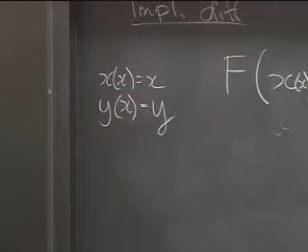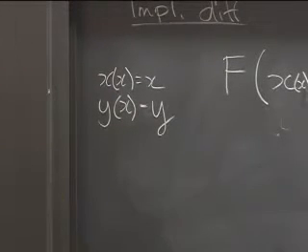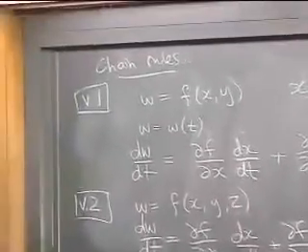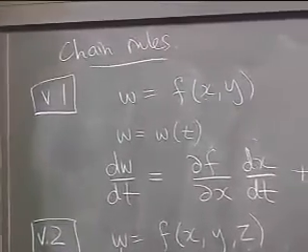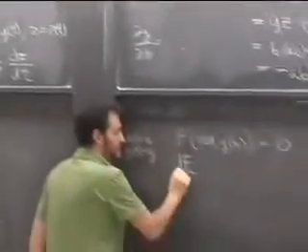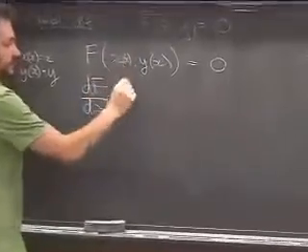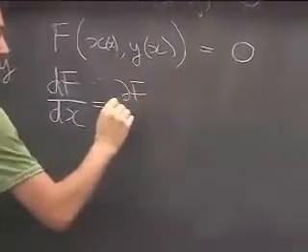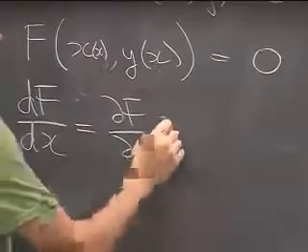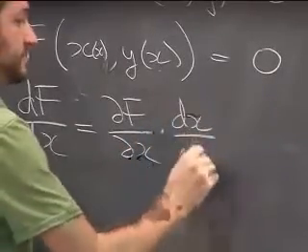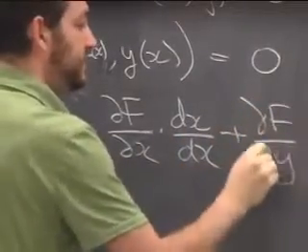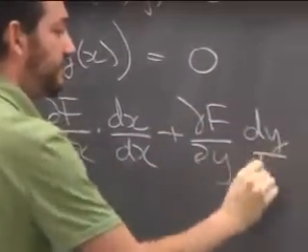So if we use the chain rule in the form that is at the top of this board here, but instead of t I'm using x, then differentiate both sides with respect to x, df/dx is equal to df/dx, first variable, times dx/dx, plus df/dy times dy/dx.